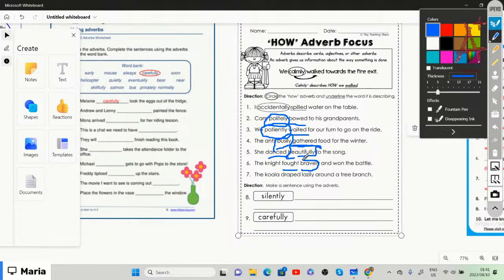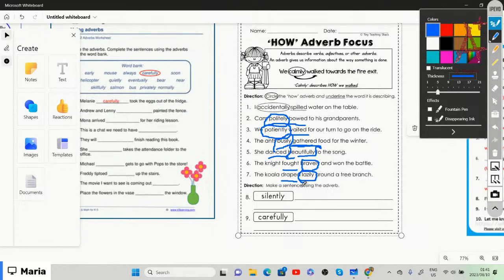Bravely. And then the koala draped lazily around the tree branch. So draped is our verb and lazily tells us how he draped around the tree branch, which is our adverb, right?